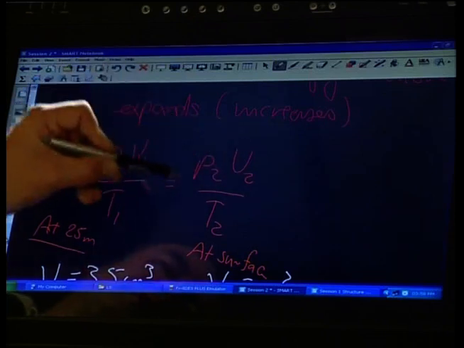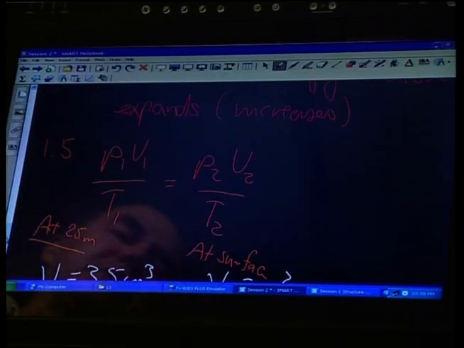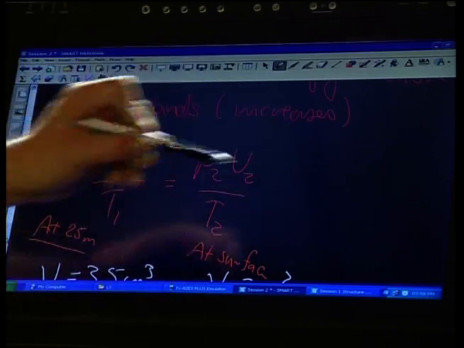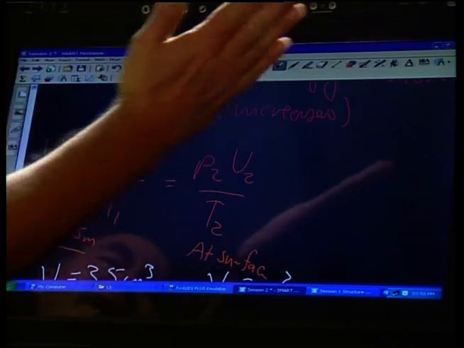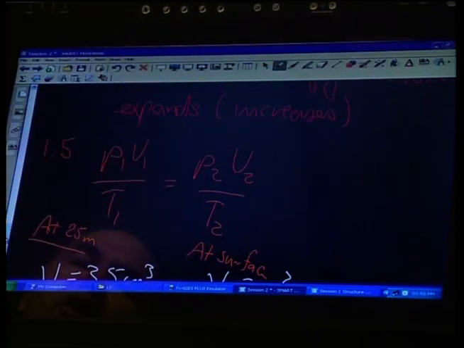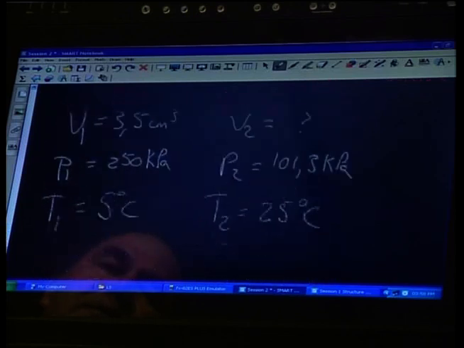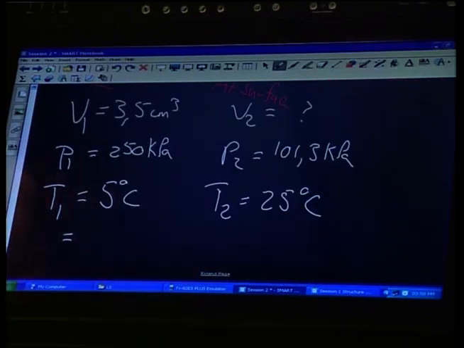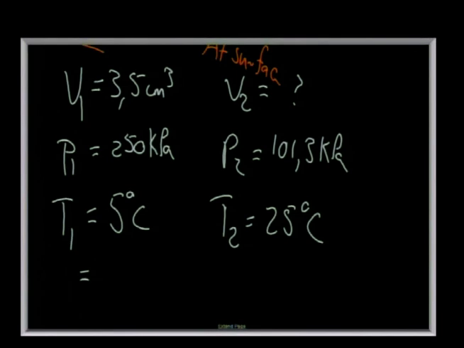It tells you that pressure times volume is directly proportional to temperature. That's not true for degrees Celsius, because remember we did it with the graph. The graph has to be a straight line and has to go through the origin. It only works for Kelvin temperature. So we must change this to Kelvin. So that's my first step.